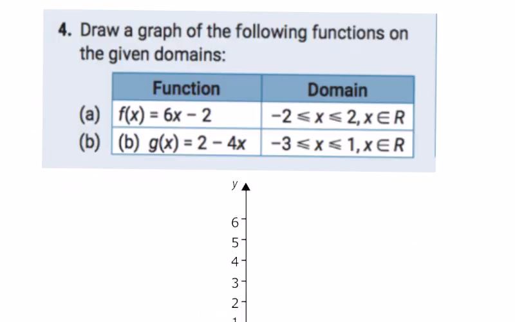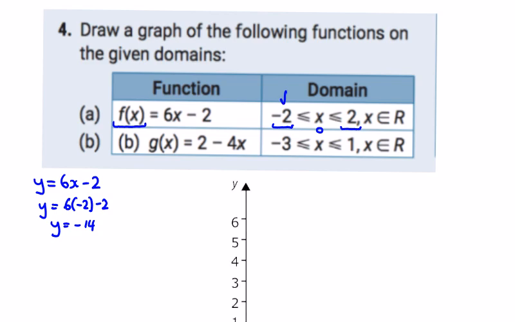In question 4, we're asked to graph these functions. One is called f of x, so we'll write y is equal to 6x minus 2. They have restricted the domain between -2 and +2, so that's 5 points if we include 0 in the middle. If we put in -2 for x, y is equal to 6 times -2 minus 2, so y is equal to -14.